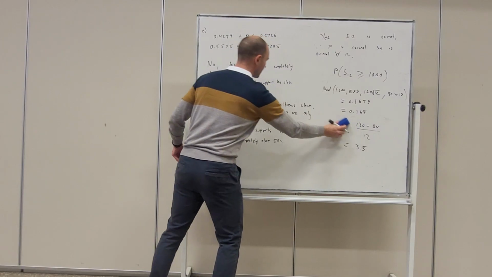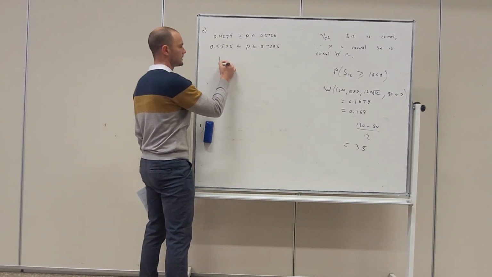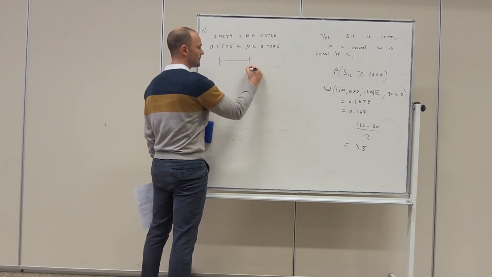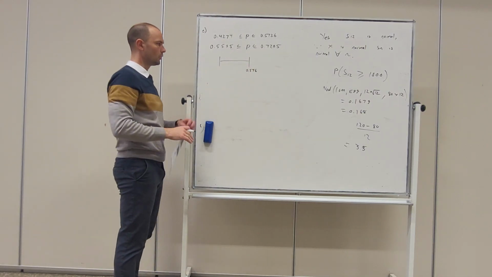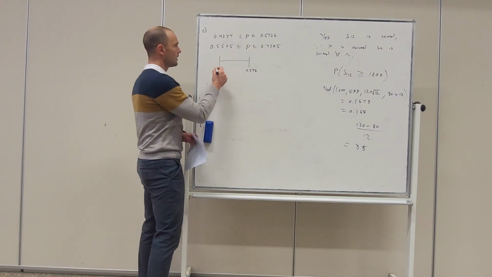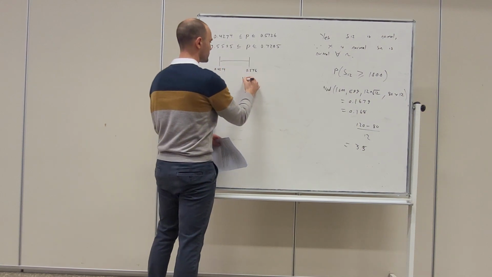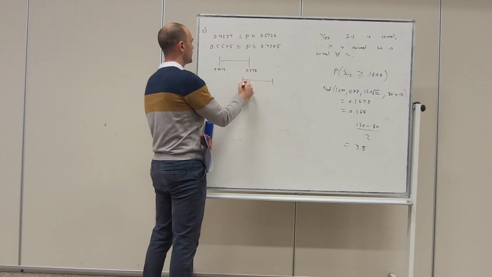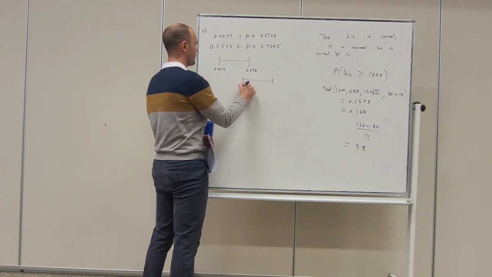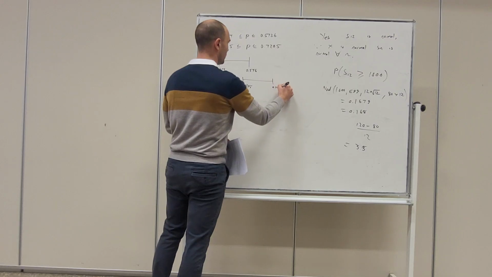Now I might illustrate this for you. If we draw the first confidence interval, it's from 0.427 to 0.576. This is the proportion of people who don't use a water softener but have brown hair. And this is the proportion of people that have brown hair, 0.5555 to 0.7205.